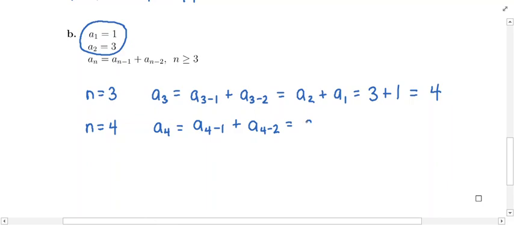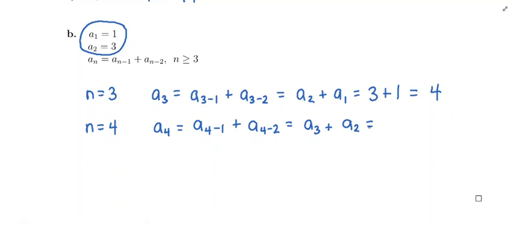Simplify. This is going to be a, the first subscript here is 4 minus 1, which is 3. We're adding the next a, which has a subscript of 4 minus 2, which is 2. So this tells us to get a4, you have to take a3 and add a2. You get the fourth term in the sequence by adding the third term and the second term.